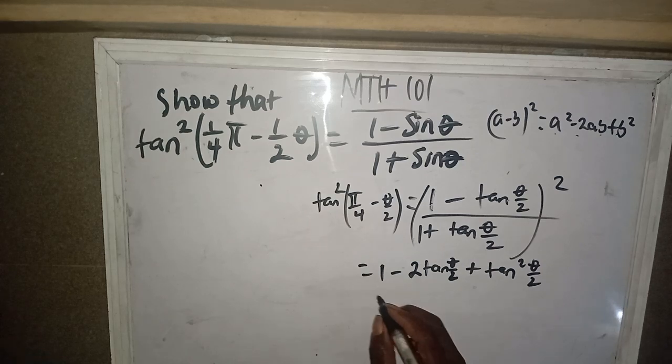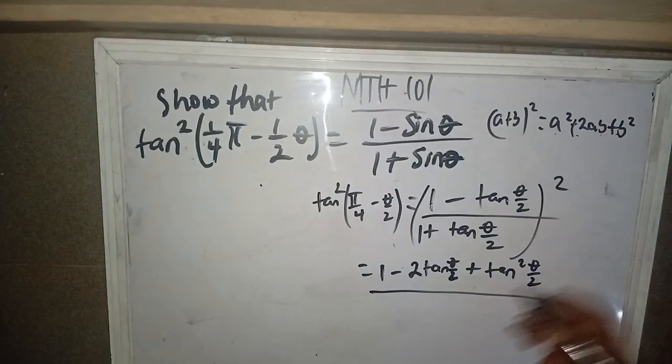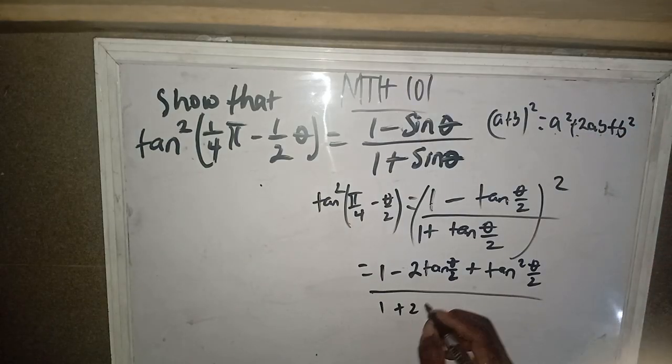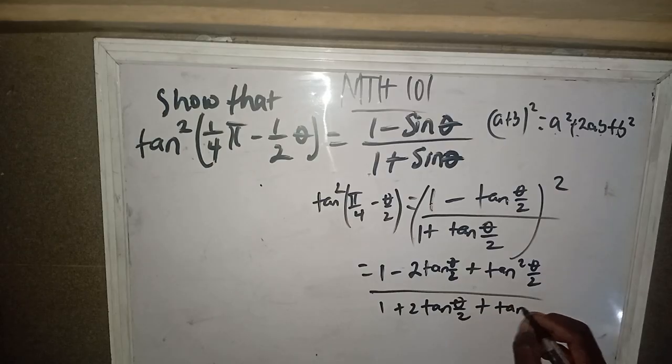Are we together? The denominator is plus. If this is plus, this will be plus. So here we have 1 plus 2 tan theta over 2 plus tan square theta over 2.